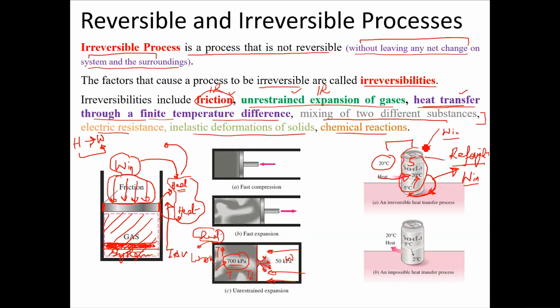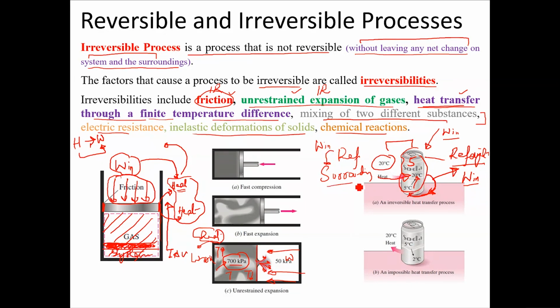That means the refrigerator, if it is outside, is acting as a surrounding for this can. The refrigerator has to do some work in order to convert this system back to its original condition.